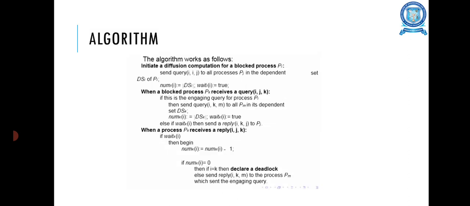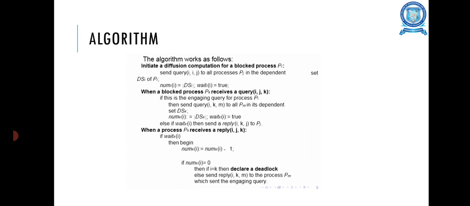Algorithm. This is the algorithm for the Chandy-Misra-Haas model. First, send query(i, j, k) to all processes Pj in the dependent set. When a blocked process Pk receives a query, if it is the engaging query of the process, then it sends the query message to its dependent set.